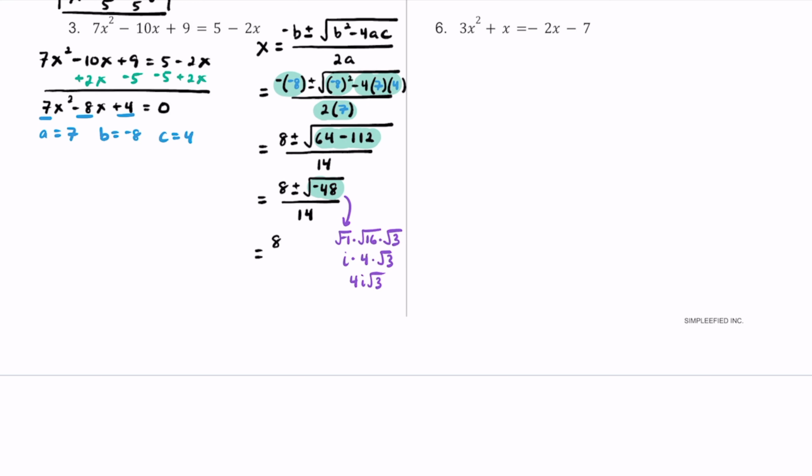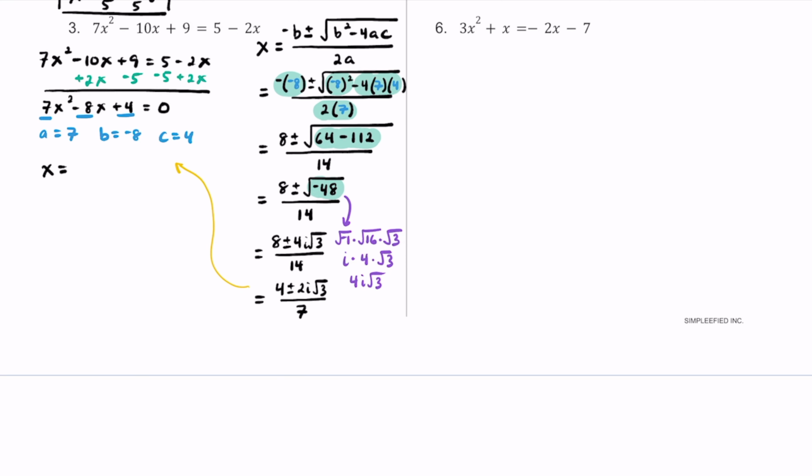So we're going to get 8 plus or minus 4i root 3 all over 14. Now, before we separate these into two different answers, keep in mind that everything has a common factor of 2. That's their GCF. So dividing everything by 2, we can write 4 plus or minus 2i root 3 all over 7.